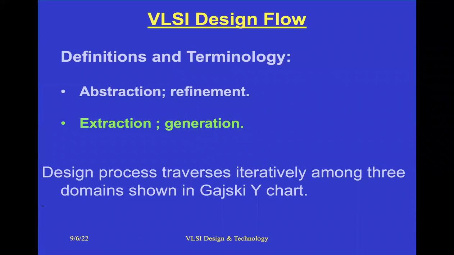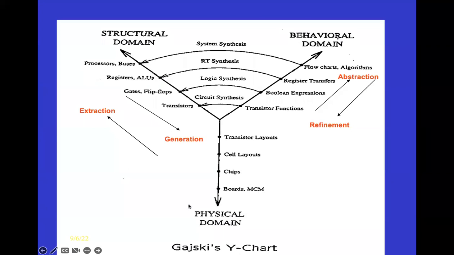Okay, so there are basically three important domains. Okay, and we can see this in the Y chart. So the first one is the physical domain, the other one is the behavioral domain, and the third one is the structural domain. Okay, so these were the words that we saw there: extraction, generation, refinement, abstraction. Okay, so there are various things involved here, okay, in the Y chart.